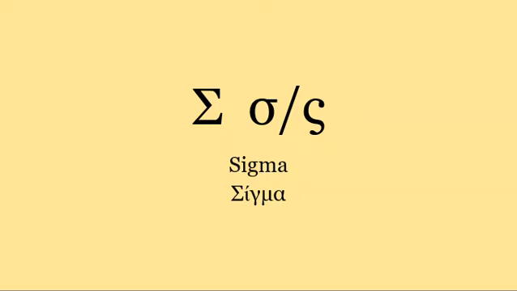The one on the left that looks sort of like an Omicron with a diving board on it is what a sigma will look like when it's in any place in a word except for the very last letter. And the second lowercase sigma, which looks more like the letter C with a looping tail, is what it will look like when it is at the end of a word.